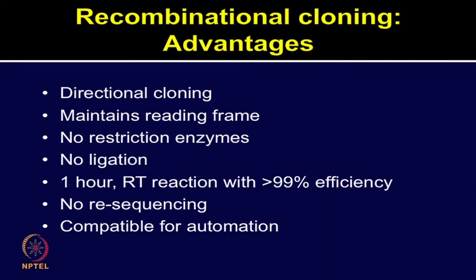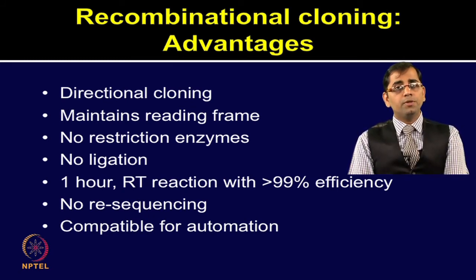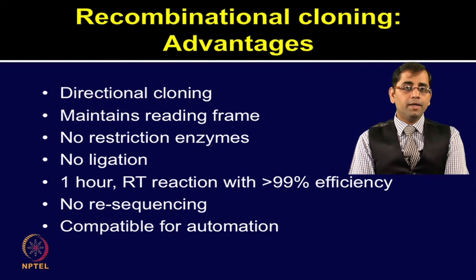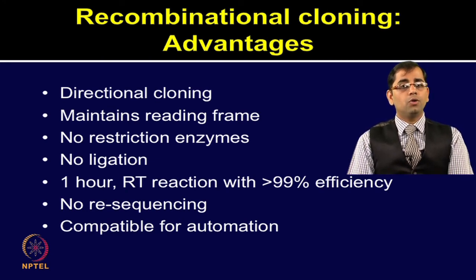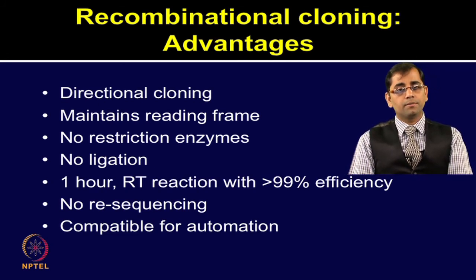After watching this animation, now let us talk about use of recombinational cloning for protein microarray applications. You have seen that recombinational cloning is directional cloning. It maintains the reading frame. There is no need for adding restriction enzymes or ligation procedures, which is performed in the case of conventional cloning.